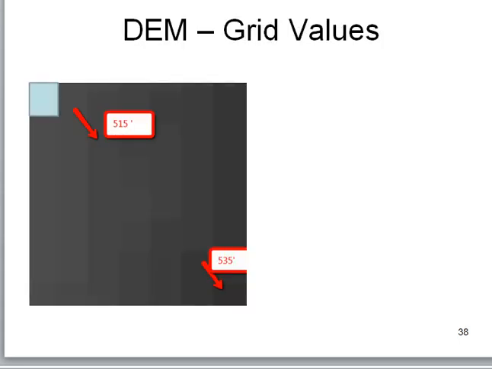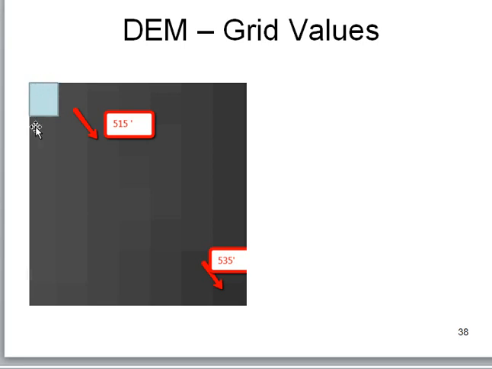When you look at a DEM in ArcGIS or in QGIS, you see squares. Each of those squares is a grid, and they tend to be very hard to distinguish the shading between the grid.